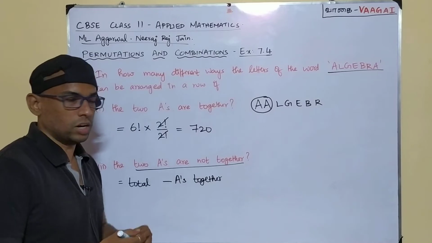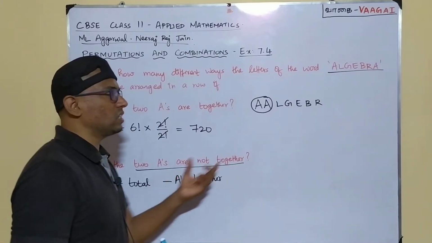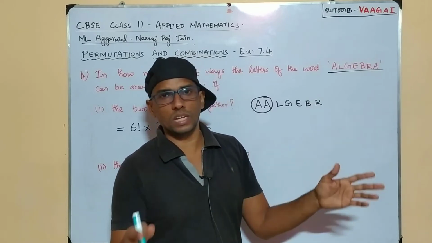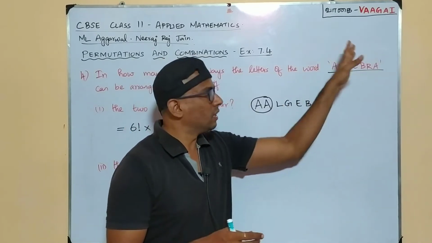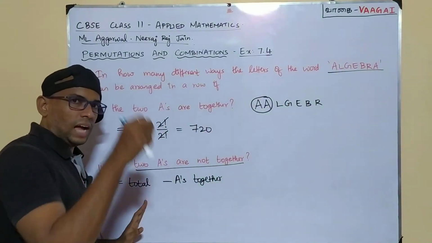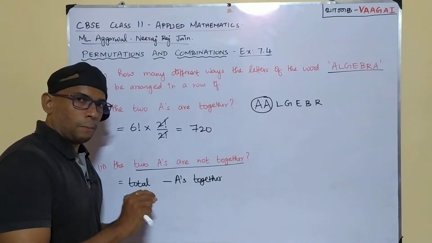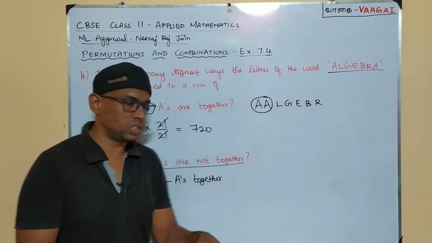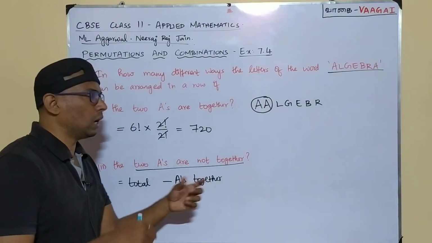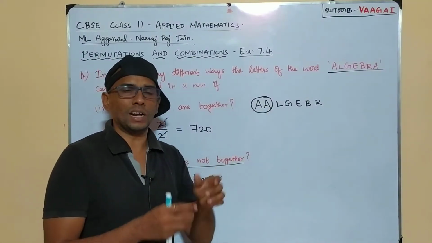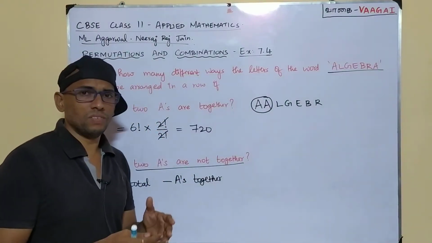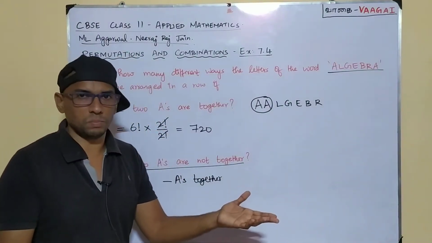I hope this approach is clear to you. So the total number of ways in which we can arrange all the letters without any restriction, that is your total. Now from that total, we subtract the number of ways in which the A's are together. Why? Because if you remove the number of ways in which the two A's are together, you will obviously get the number of ways in which the two A's are not together. That is the objective. Very simple.